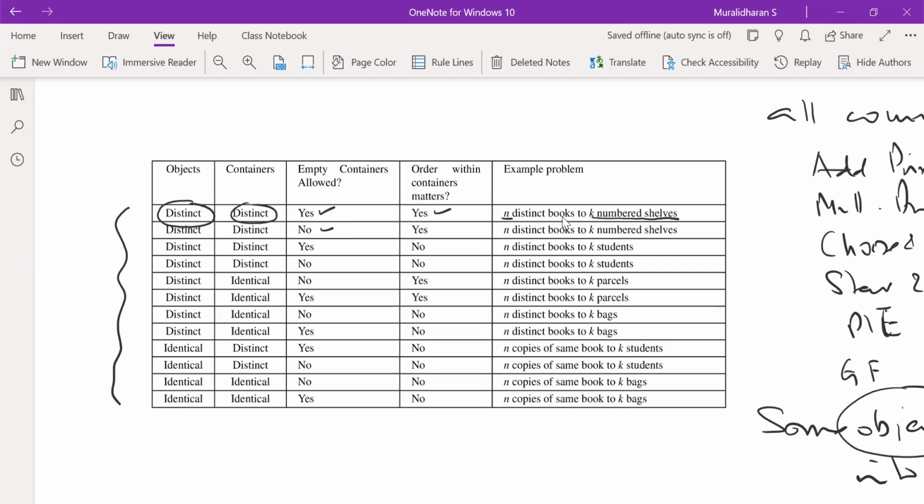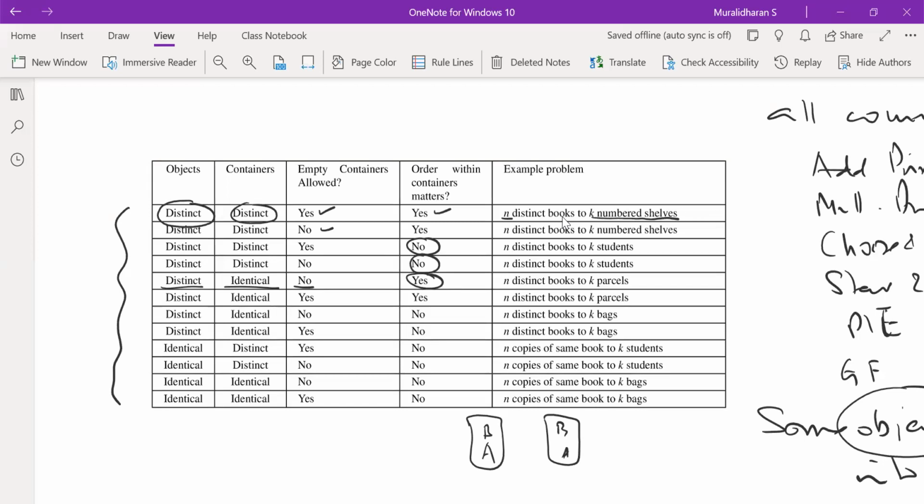Now, in the same way, if the order is not important, that means I am giving books to k students. Then I have two more cases, depending on whether every student should get at least one book or not. And let's say the objects are distinct, but the containers are identical. Then empty containers are not allowed, and order matters. That means I am putting them into a parcel: I have A, B, and I put this as a parcel like this, or BA as a parcel like this.